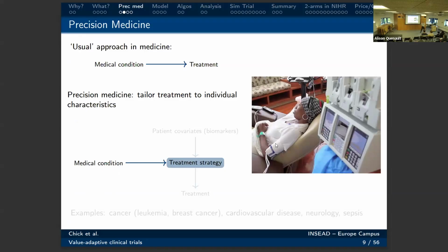The usual approach that we often hear about in the press, of course, in medicine is you've got a medical condition, you've got a treatment. But I'm sure we all know that many times we have some characteristics of patients, some biomarkers, and then we want to find not the best treatment, but the best treatment strategy, which is a function from covariates to treatment.